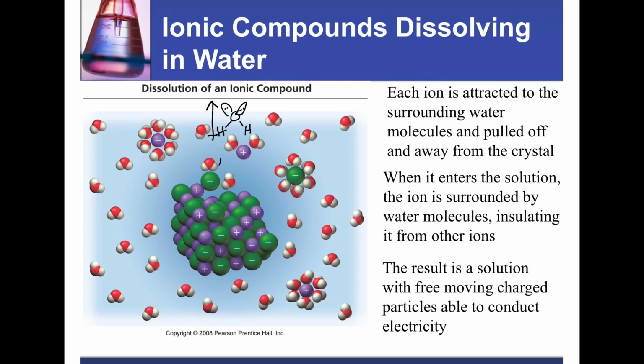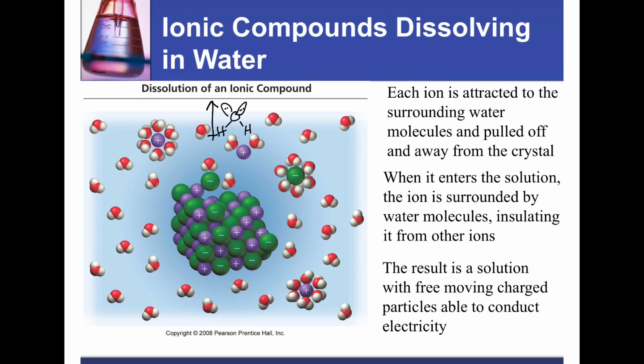So for this water molecule here, this is the positive side of the water molecule, so it's going to attract away, kind of grab the negative ions and pull those off into solution. Now, because water is so polar, it can also do this with positive ions.